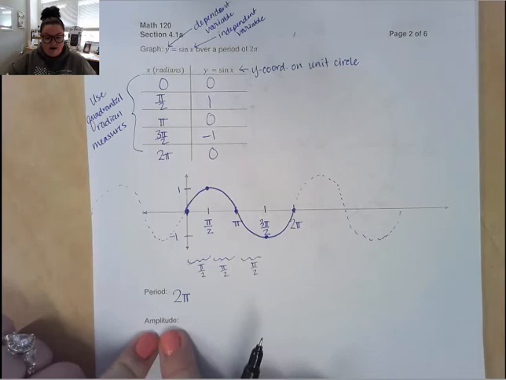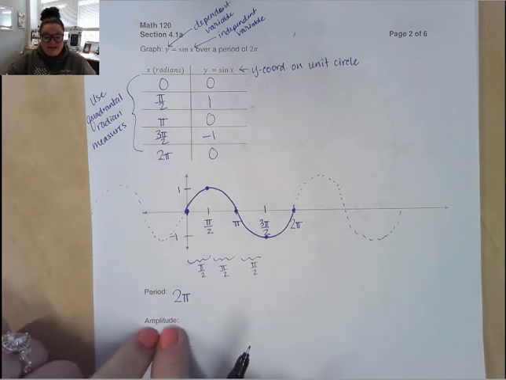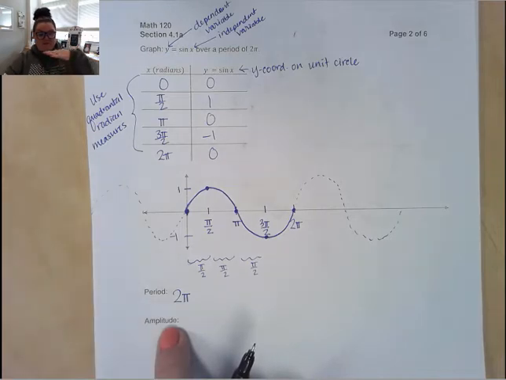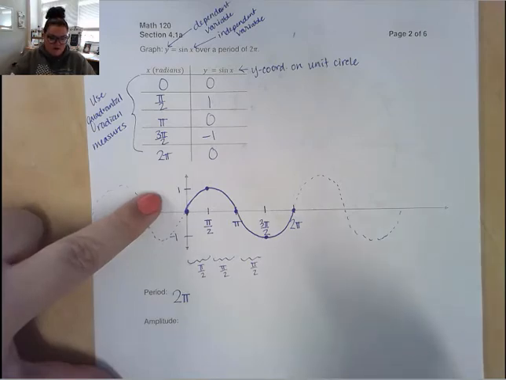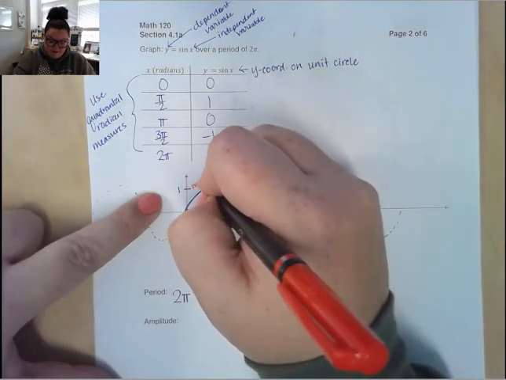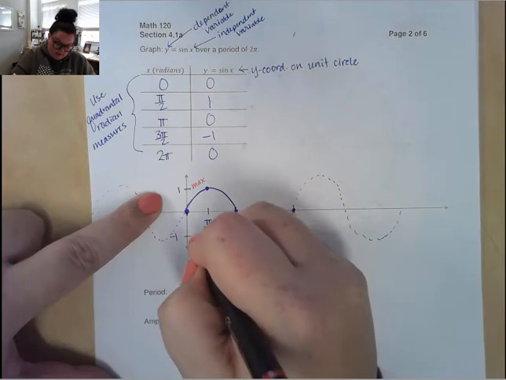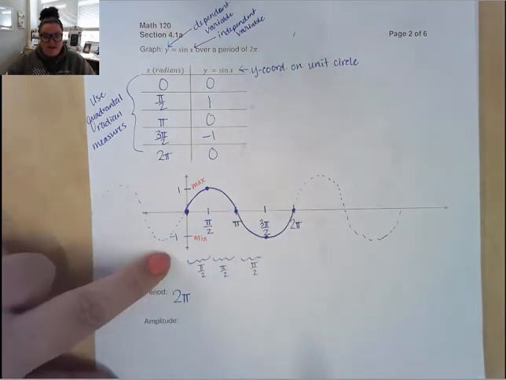And then our amplitude, this is how far away from the vertical center is our maximum and minimum value. So if we look at our sine curve here, notice our maximum value is up here at 1, and our minimum value is at -1.